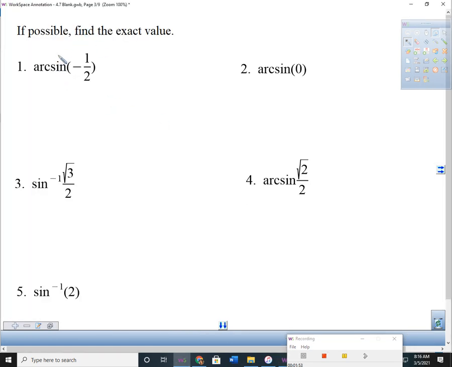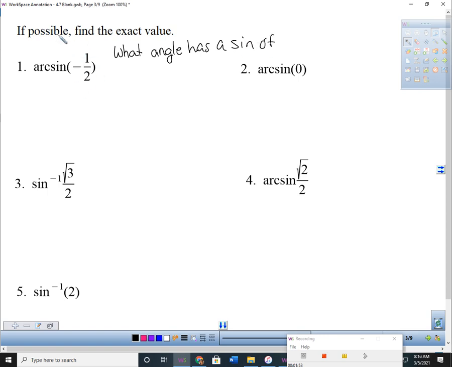So what this means is you're kind of working backwards. Instead of going to the angle and finding the sine or the cosine or the tangent, you're finding the angle. So you should think to yourself, what angle has a sine of, and then insert this number right here.